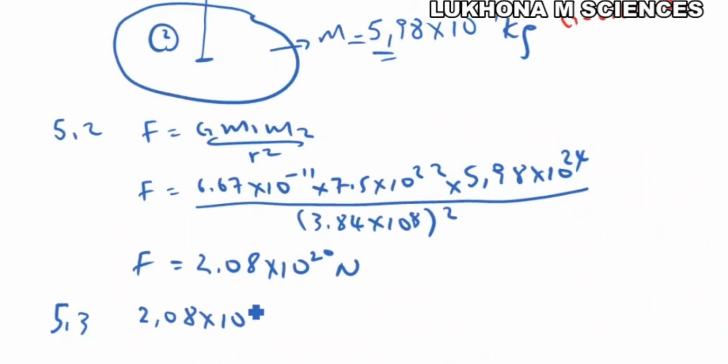Raising Newton's third law, which says the force exerted by object A on object B is equal to the force exerted by object B on object A in the opposite direction. Alright, then let's go to question number 6.